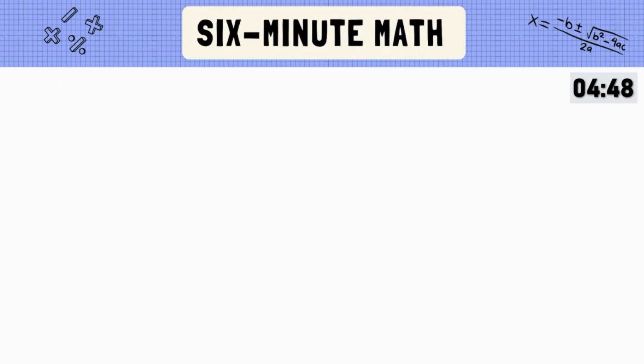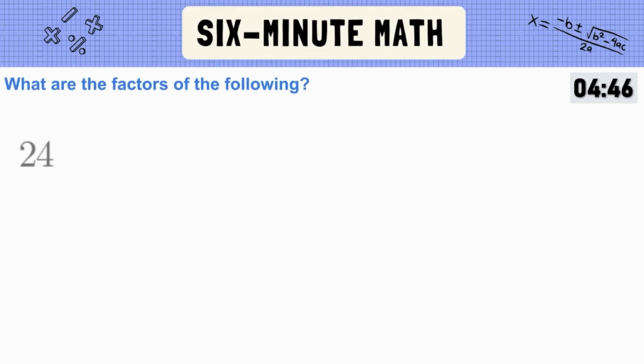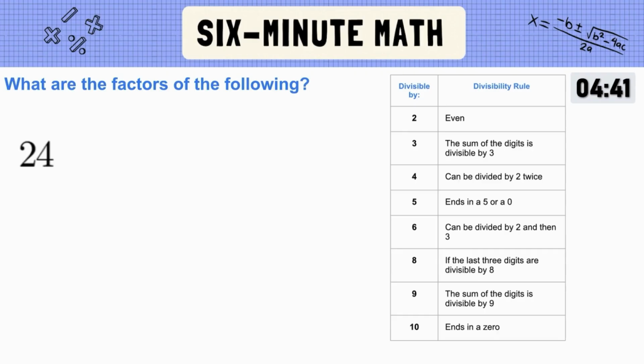So let's look at some examples here. We're going to find the factors of 24. I have my divisibility rule chart, and I'm going to go through. Now, every number has two factors, 1 and that number, so I have 1 and 24, and then I'm going to go through. 24 is even, so I'm going to have 2, and what times 2 is 24?